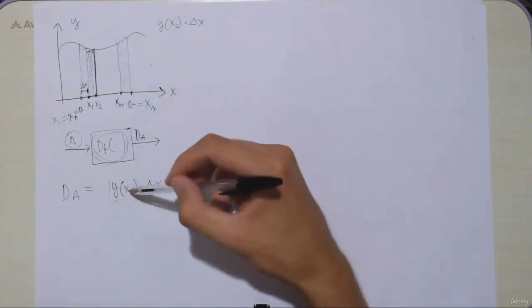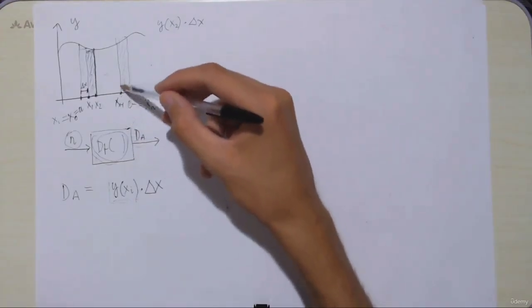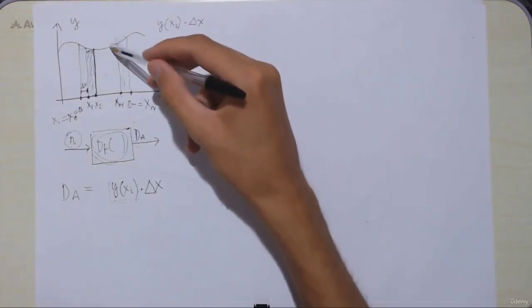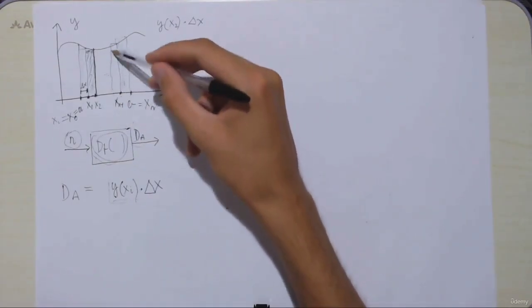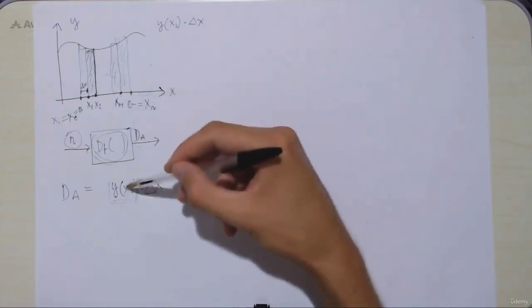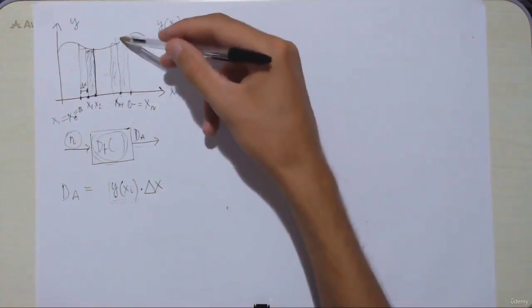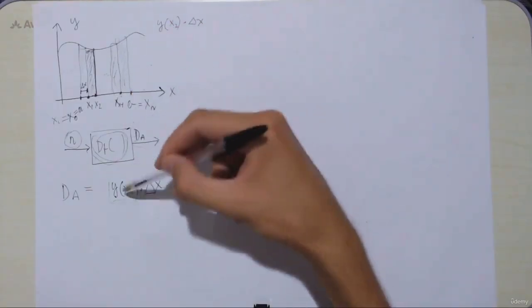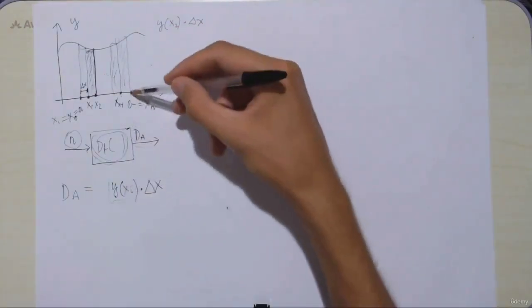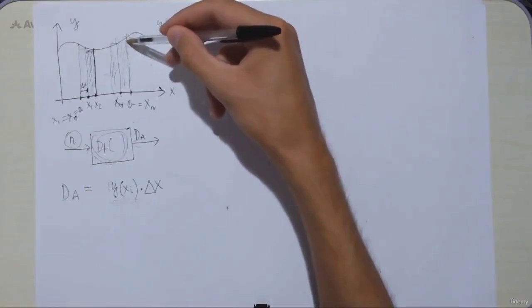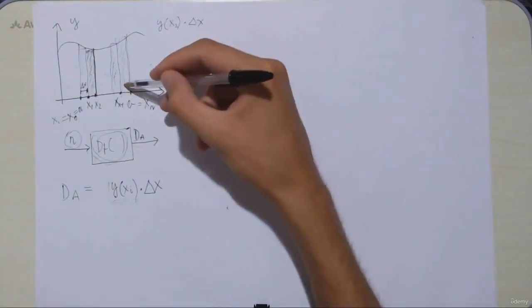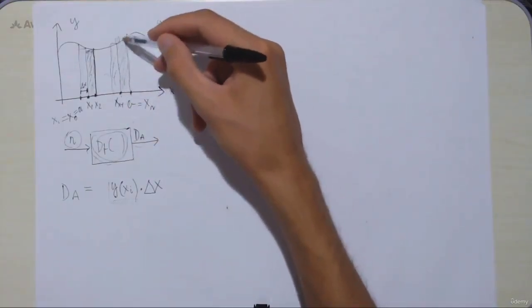If I put x n minus 1 here, then I will get this rectangle here. If I put b inside here, or xn, then I will get this rectangle here, because y at xn will give me this height. If I multiply it by delta x, I will get the area.